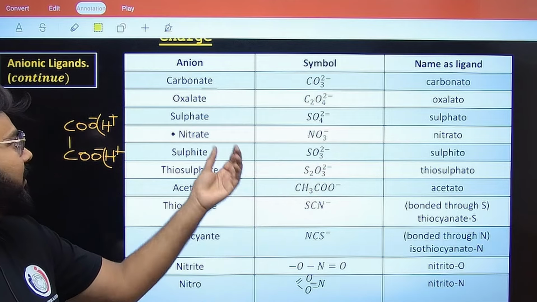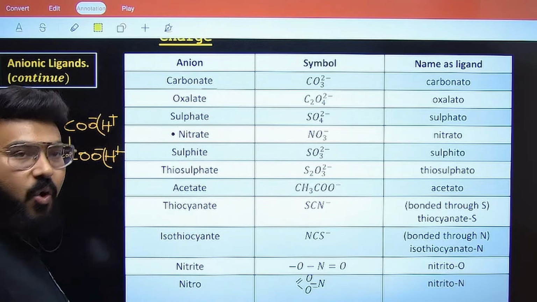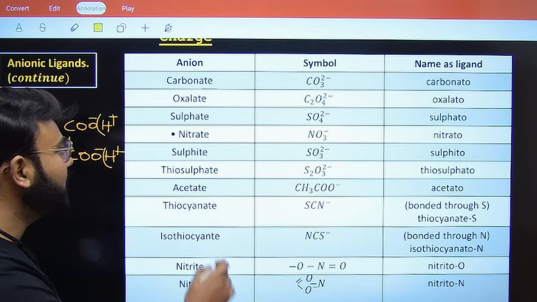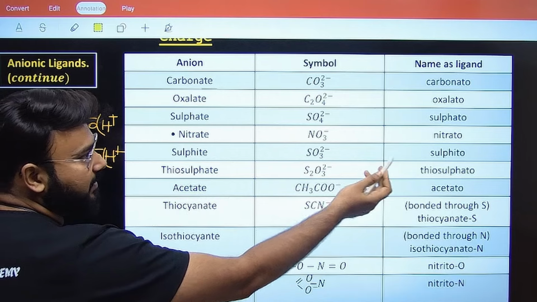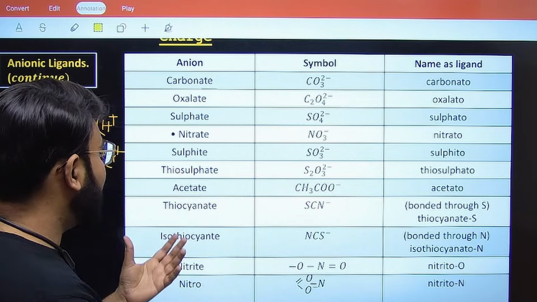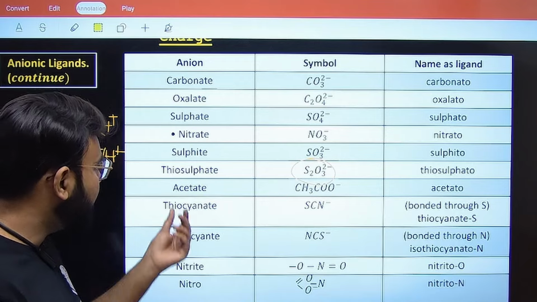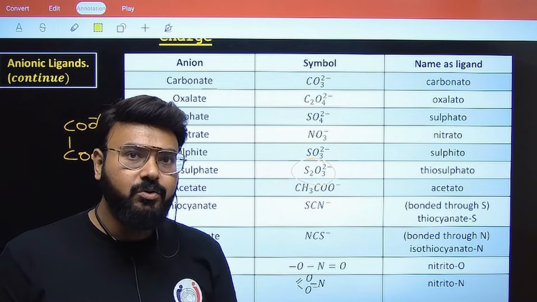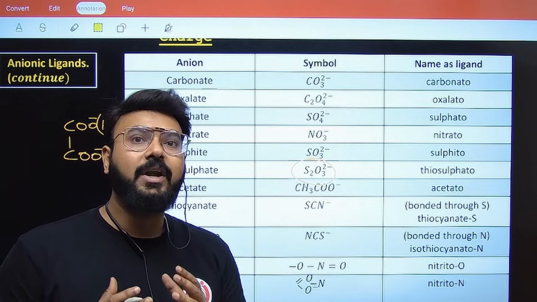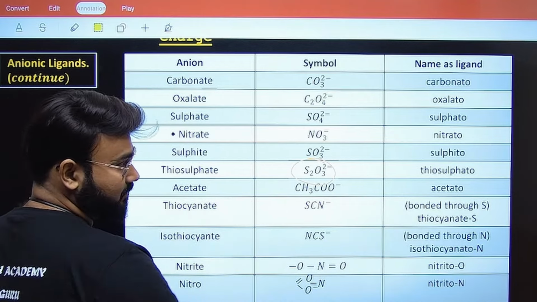So oxalate became oxalato because you replaced the E with O. Sulfate became sulfato, nitrate became nitrato, and sulfite, SO3 2 minus, becomes sulfito. Thiosulfate is S2O3 2 minus, so thiosulfate became thiosulfato. Again, I'm reminding you, the last E is replaced only in the case of negative ligands. Acetate becomes acetato.